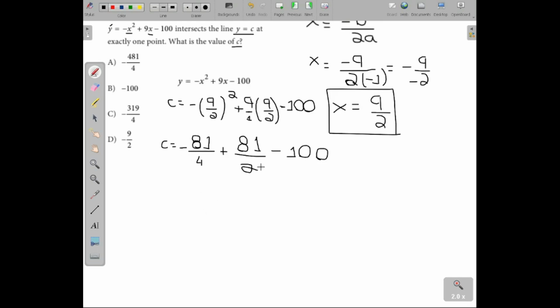Now here we could multiply all 4 terms by 4. Let's do that.